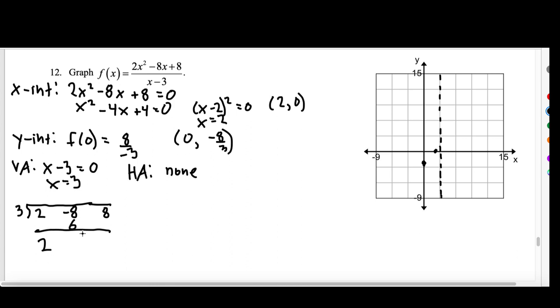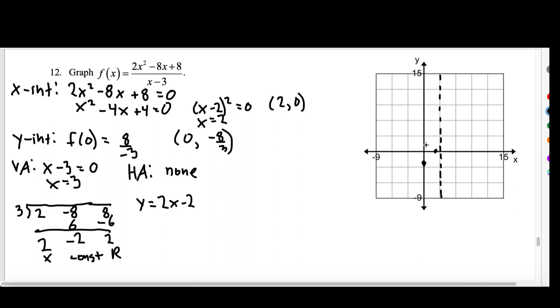Add to get negative 2. Negative 2 times 3 is negative 6. Add to get 2, right? So this is the coefficient of the x term, constant, and that's the remainder. But we ignore the remainder, and so the quotient without the remainder is just 2x minus 2. And that is the equation describing the slant asymptote, in slope-intercept form.